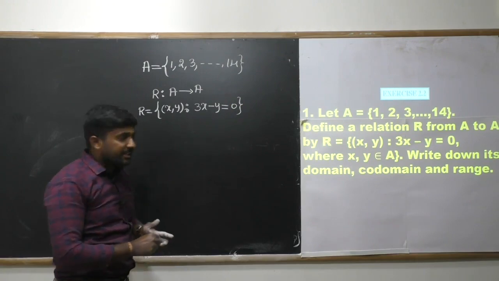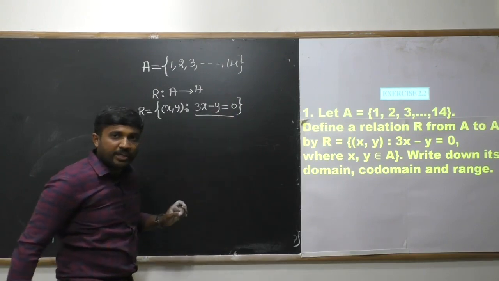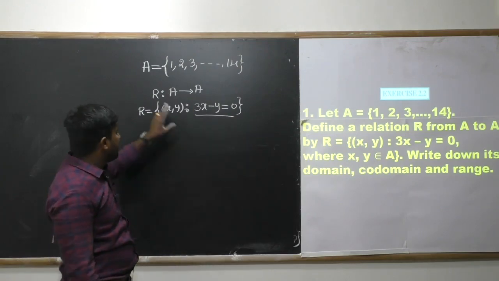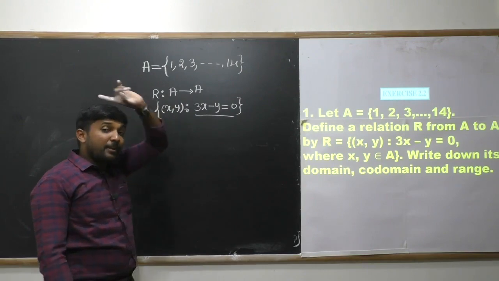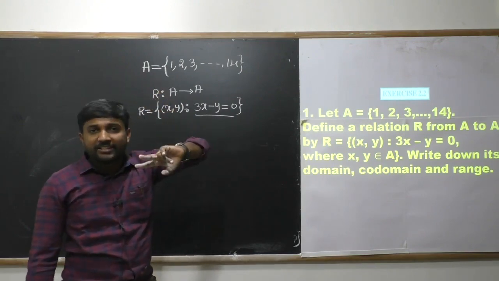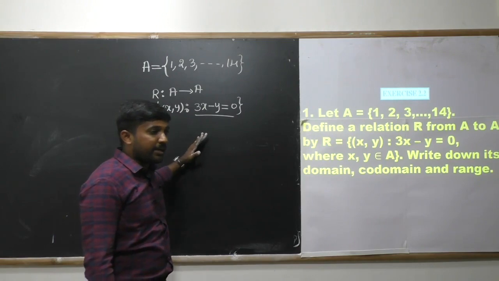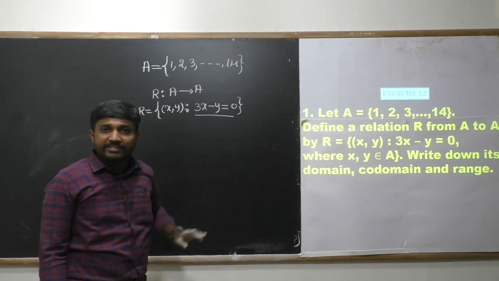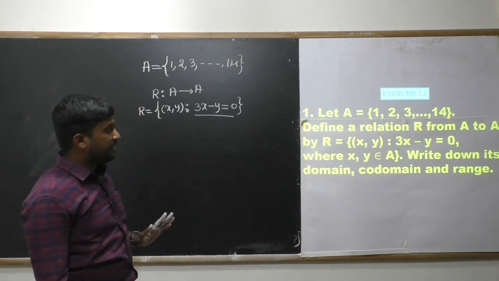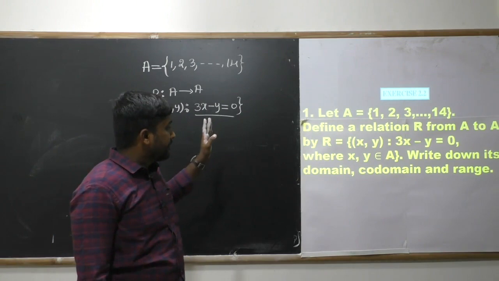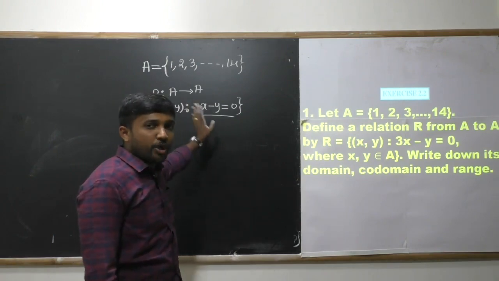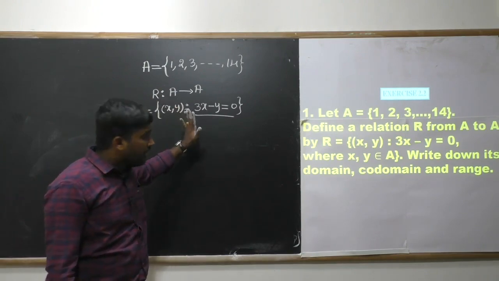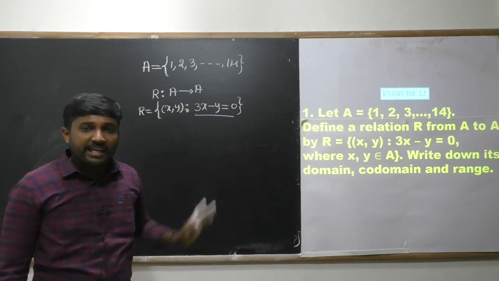Dear students, 3x minus y is equal to 0 is the condition between elements of this relation R. ನಮ್ಮ ಫಸ್ಟ್ ಎಕ್ಸಾಂಪಲ್ ಅಲ್ಲಿ ಸನ್ ಆಫ್ ಅಂತ ಒಂದು ಕಂಡೀಷನ್ ಕೊಟ್ಟಿದ್ನಲ್ವಾ, ಅದೇ ರೀತಿ ಈ ಪ್ರಾಬ್ಲಮ್ ಅಲ್ಲಿ ರಿಲೇಷನ್ ಬಿಟ್ವೀನ್ ಎಲಿಮೆಂಟ್ಸ್ ಆಫ್ ದ ರಿಲೇಷನ್ ಆರ್ ಈಸ್ 3x minus y is equal to 0. ಒಂದು ಮ್ಯಾಥಮೆಟಿಕಲ್ ಕಂಡೀಷನ್ ಅನ್ನ ಕೊಟ್ಟಿದ್ದಾರೆ. ಓಕೆ, write down the domain, codomain and range of this relation R. Problem is to find the domain, codomain and range.